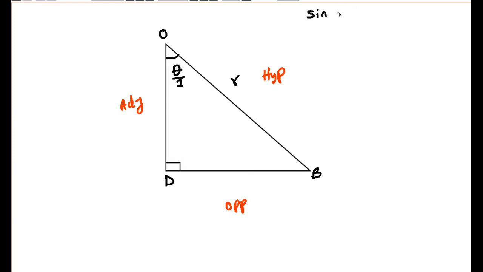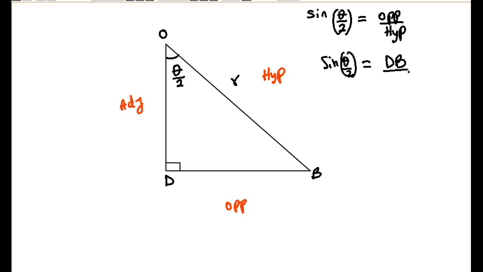What is the angle here? Sine theta over 2. Sine theta over 2 is equal to opposite over hypotenuse, as we know. So sine theta over 2 is now equal to, what is the opposite? It is DB or BD, anyhow you call it. DB over what is the hypotenuse? The hypotenuse is R, just R. So what can we do here?